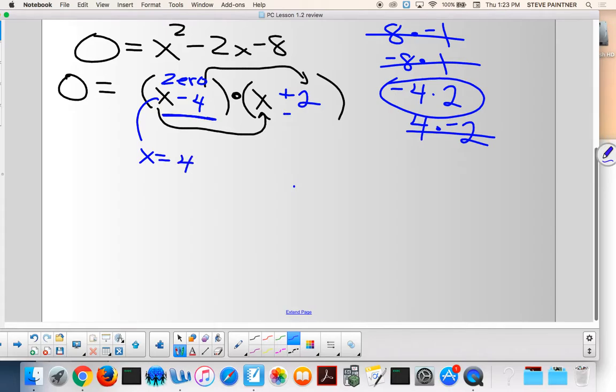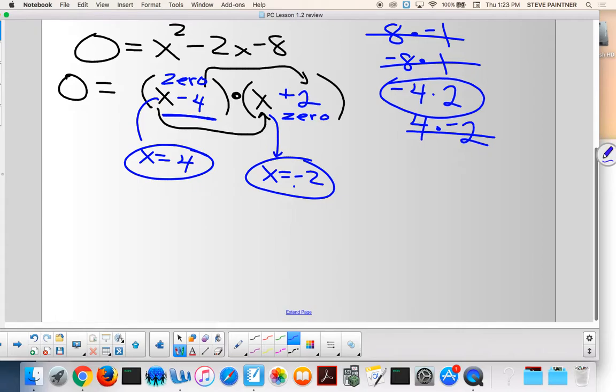When will this number be 0? When x is -2. Those are your x-intercepts, right? So you should write what? 4, 0, and -2, 0. Good? Factor them, and you'll be okay.